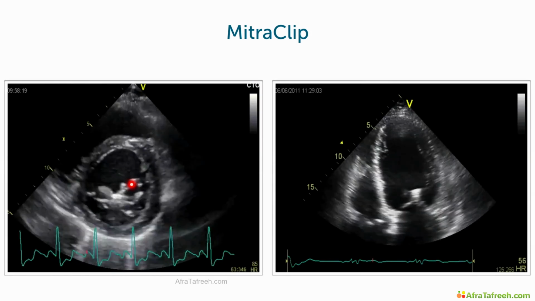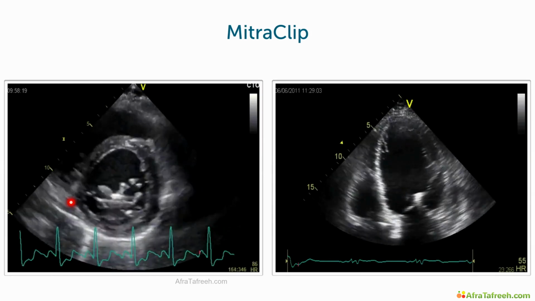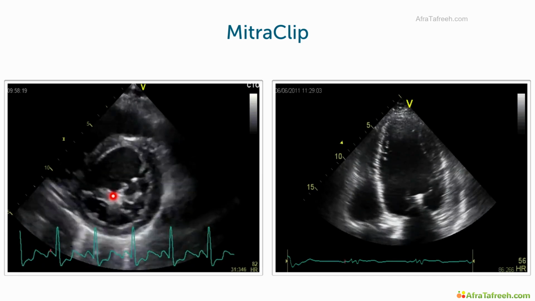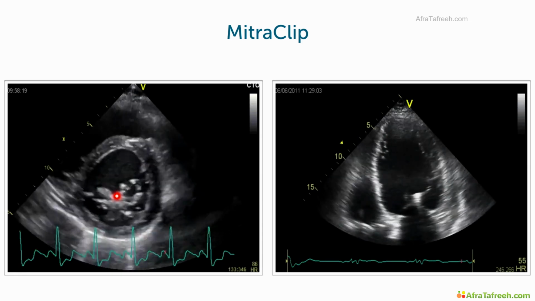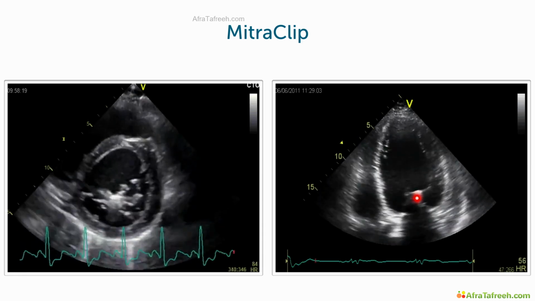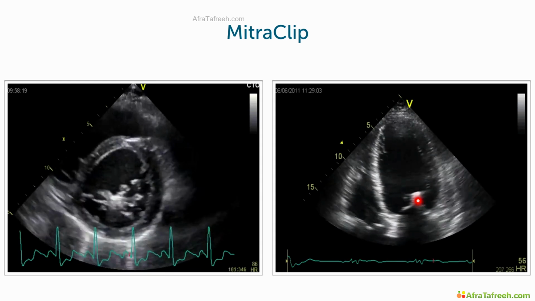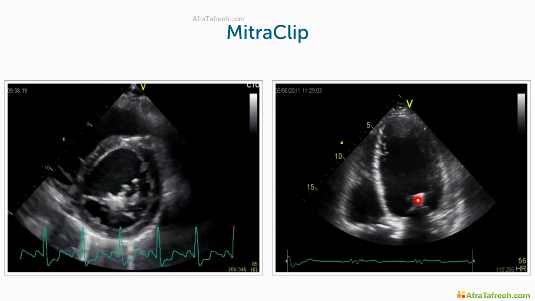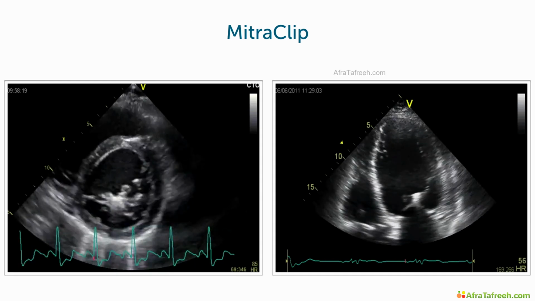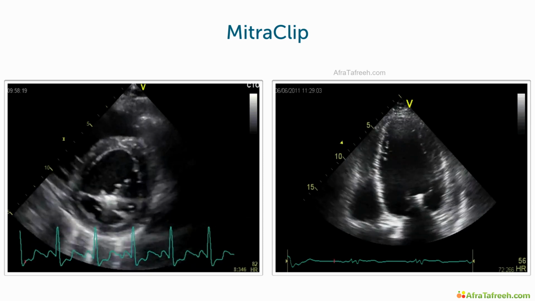You see right here and here is the second orifice, right here. And in between we have this echogenic clip. It's a metallic clip, and therefore you also have artifacts. When you look at these clips in a 4-chamber view, you have the impression as if the mitral valve is not opening at all, at least not in the region where the clip is. So another foreign body that you might be able to visualize on echocardiography.